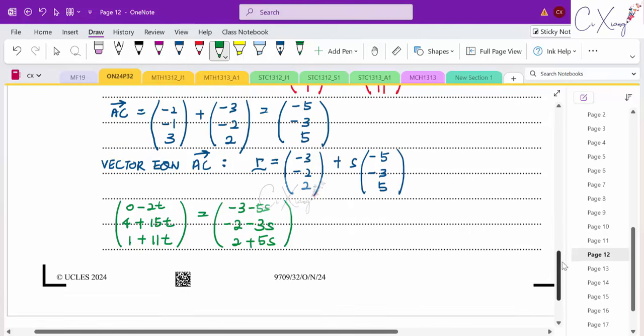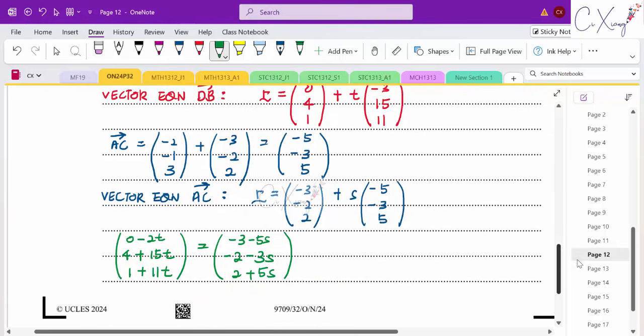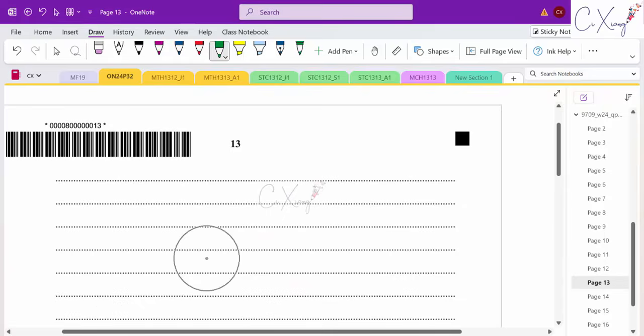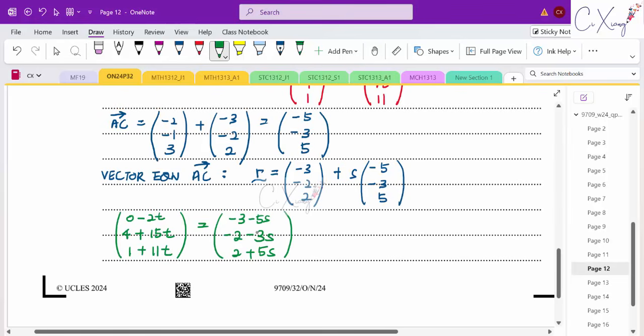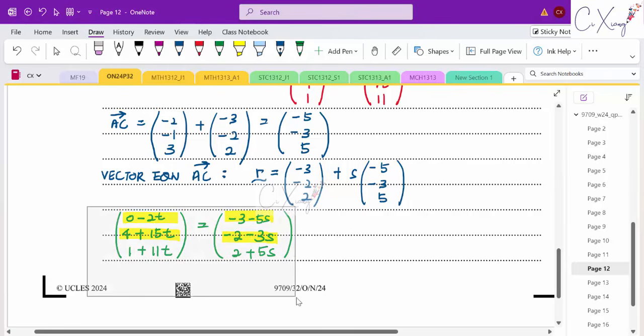So you just need to use any two of the equations here. Do we still have any space here? Yeah. For me, I will be using the first equation and also the second equation to solve them simultaneously. Let me copy this solution into the next page.